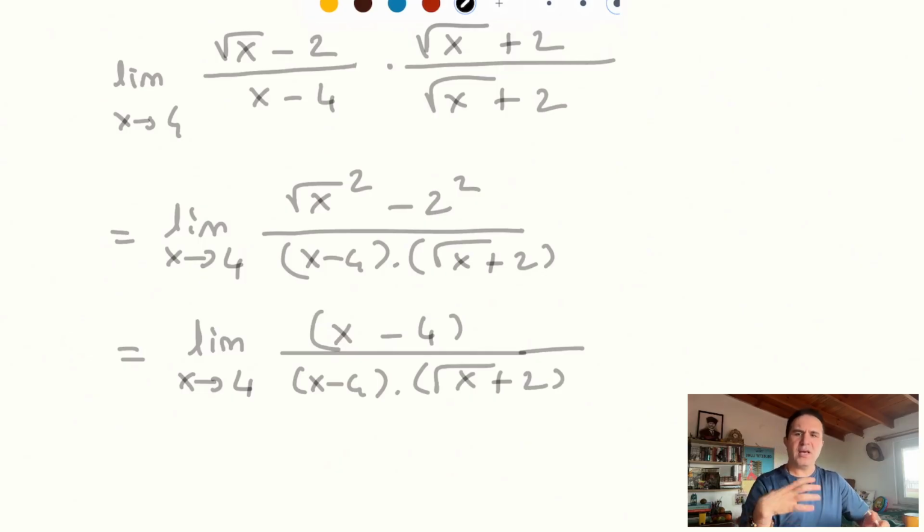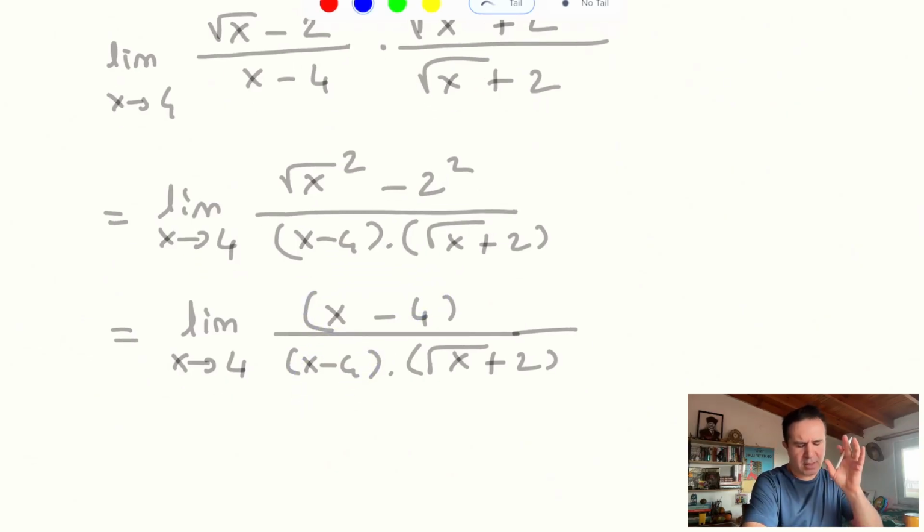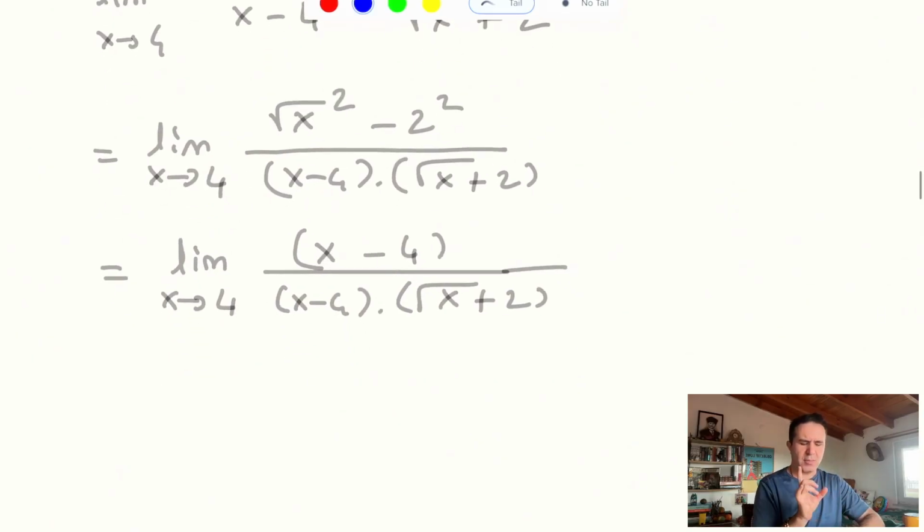Now we have factors x minus 4 and x minus 4 here. We know that x is approaching 4. As x approaches 4, x minus 4 approaches 0, but x minus 4 is not 0.